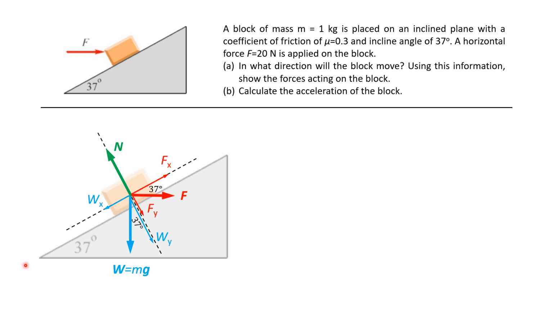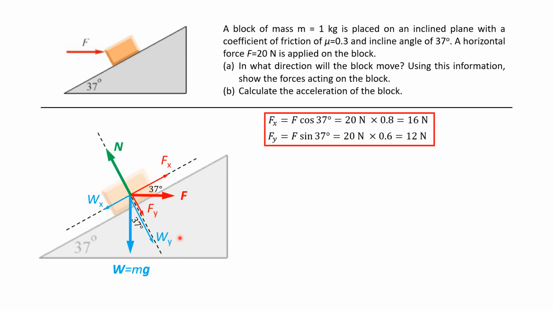F is parallel to the flat surface, and the x component of F is going to be parallel to the inclined surface, so this angle must be 37. Why am I doing this? Because this allows me to break these forces into components, and I can just look at the forces acting along the x direction and along the y direction.